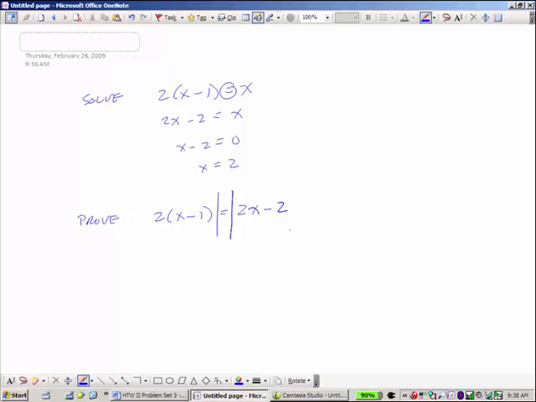Because a proof is asking you a question. A proof is saying, are these two equal? That's different from solving when it's saying these two are equal. If I decided all of a sudden that I wanted to add 1 to both sides, I'm assuming that it is an equality, that the equal sign is true. But I can't assume it because I haven't proved it yet.